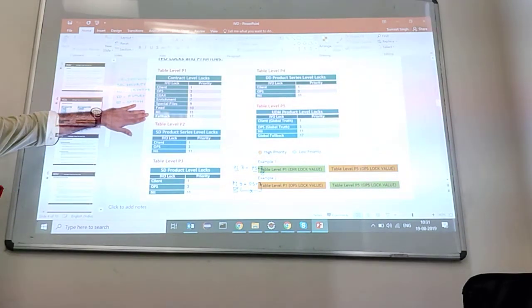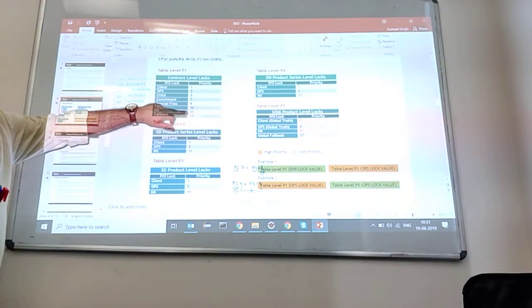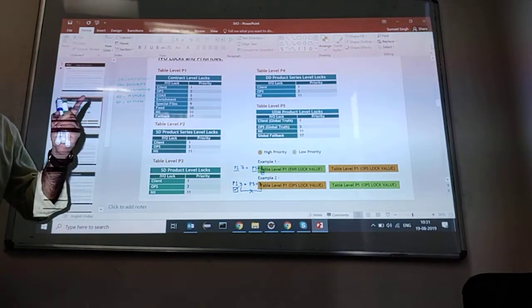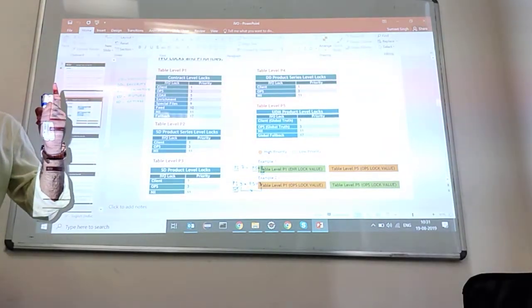But then the contract size is also defined in DD product def, and there is an ops log applied on it. So in that case, the DD product def value will go because there is a log applied on it, and the value coming from field will not go for contract size. You are understanding it? Okay.